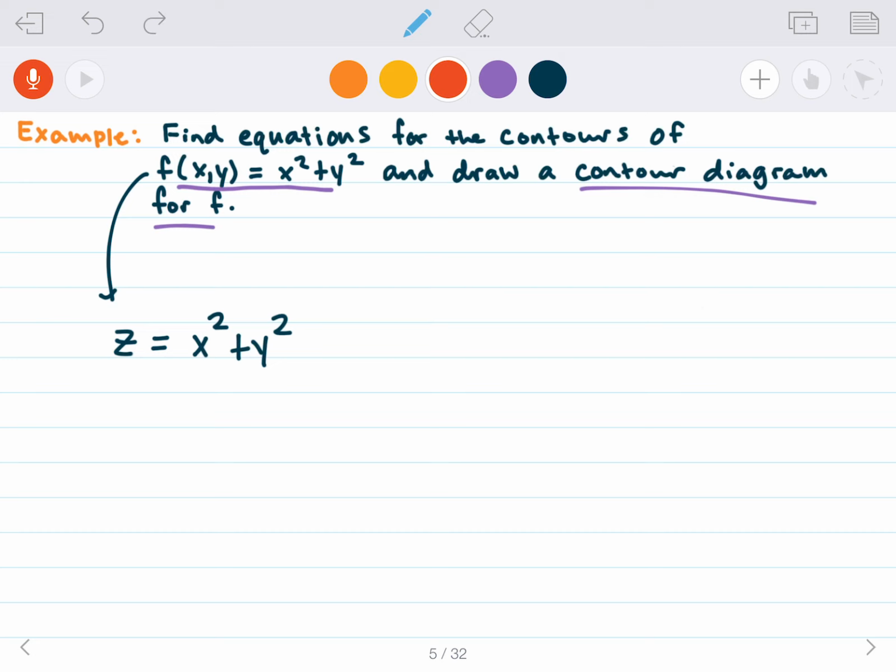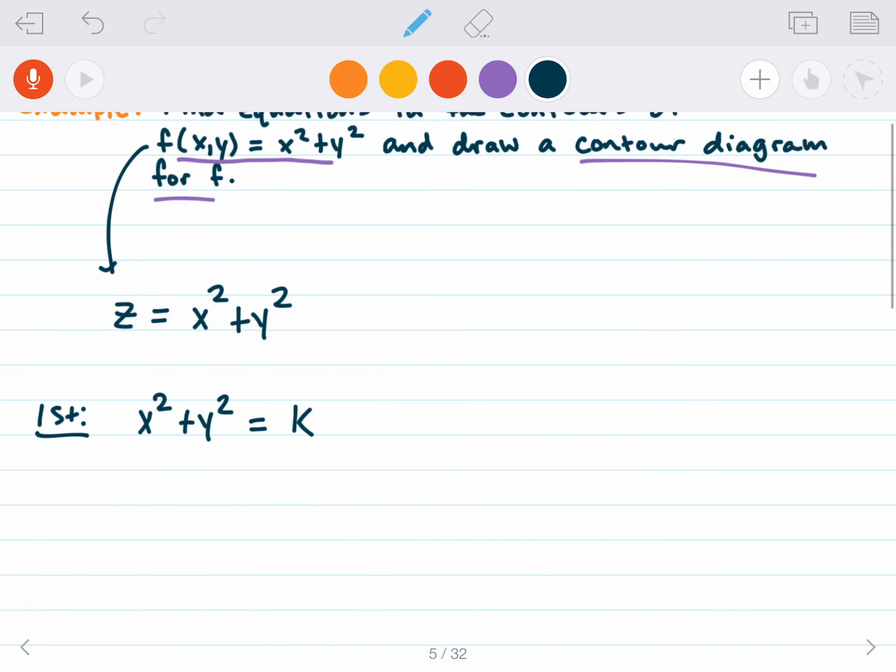We're cutting this object with various planes, so x squared plus y squared equals some constant k. We're changing out the variable z for the constant k, and now I'm going to look at what happens when I change k's value.